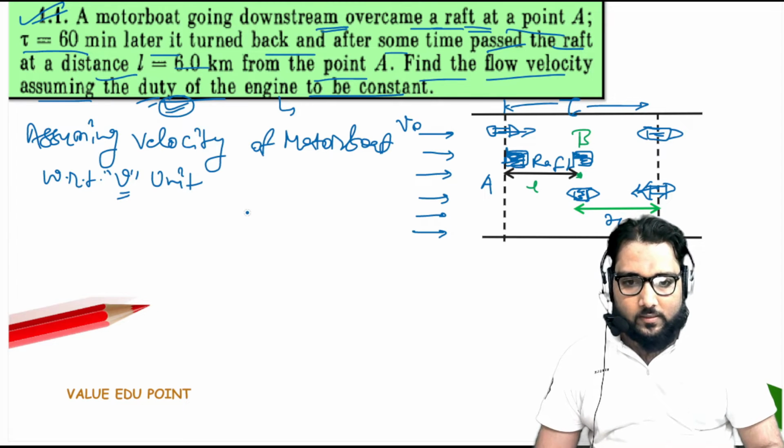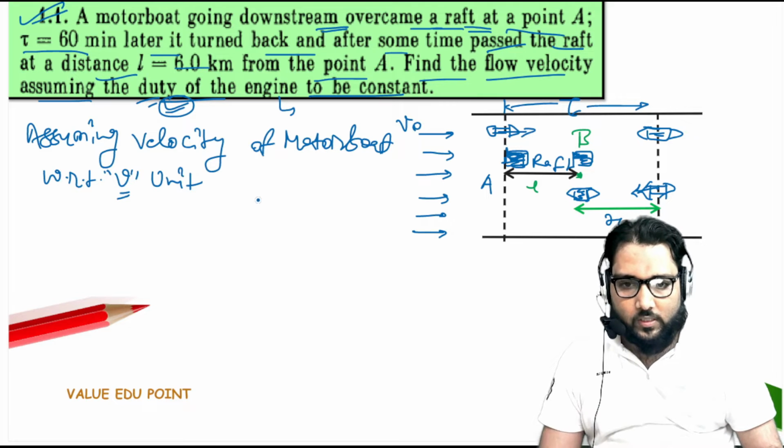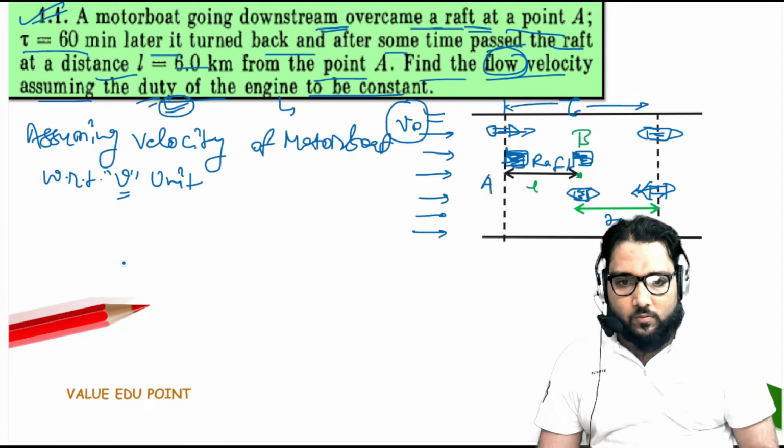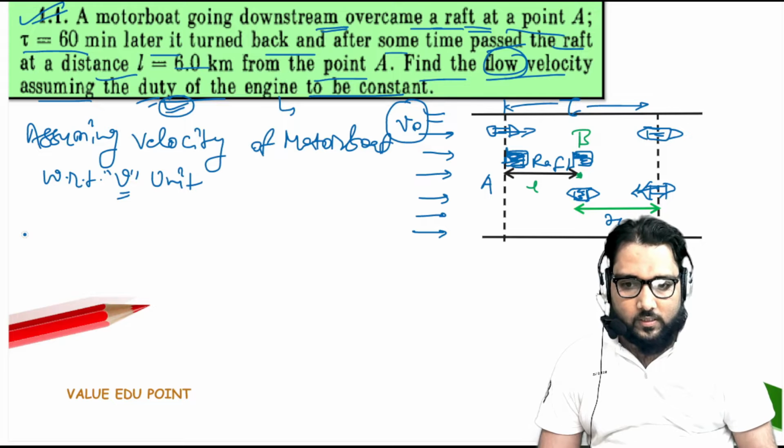Now what the question is asking, we can make relations. We have to find the flow velocity, which is v naught. So in this question we have to make a relation between the two. See the approach to solve this question.